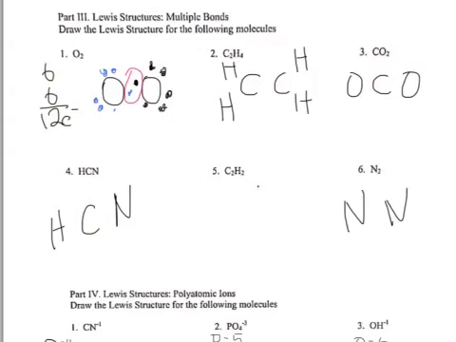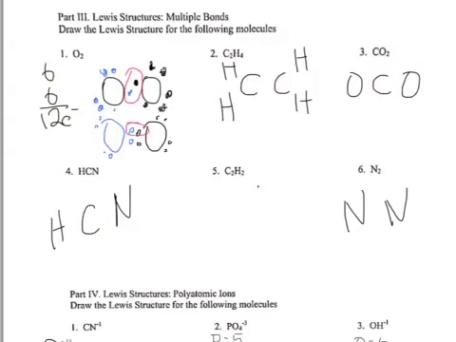So the oxygens will be like, hey, what if we shared another electron? So this oxygen would share 2, and then have 1, 2, 3, 4, 2 lone pairs. And then this oxygen would share 2 electrons and have 2 lone pairs of electrons.